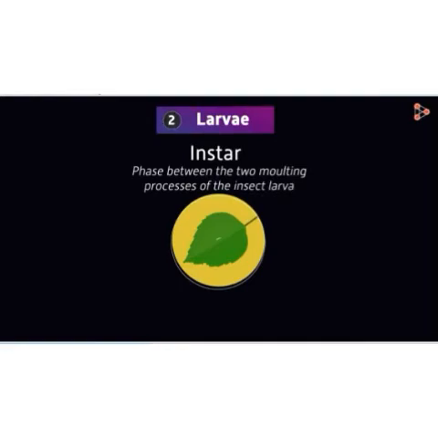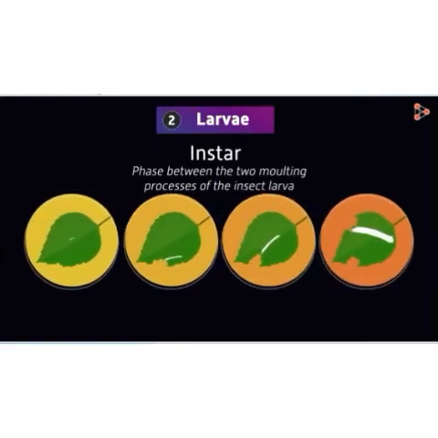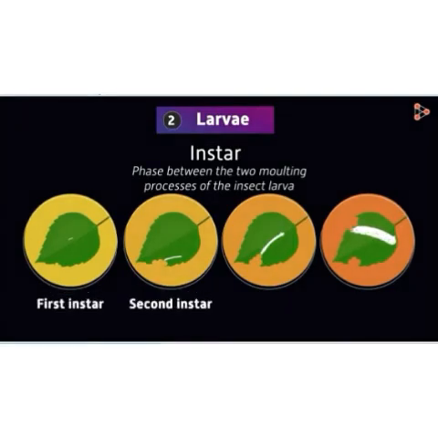In literal terms, instar means the phase between two molting processes of the insect larva. So students, we can say that the larva grows first into first instar, second instar, third instar, and so on, till they feed themselves enough.